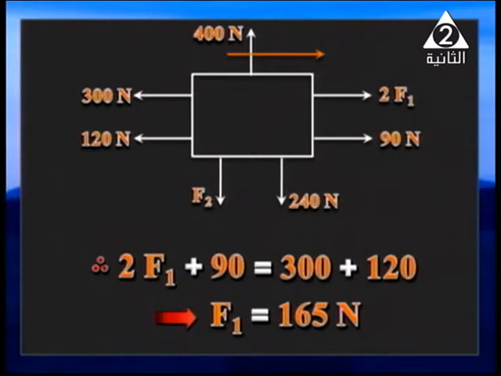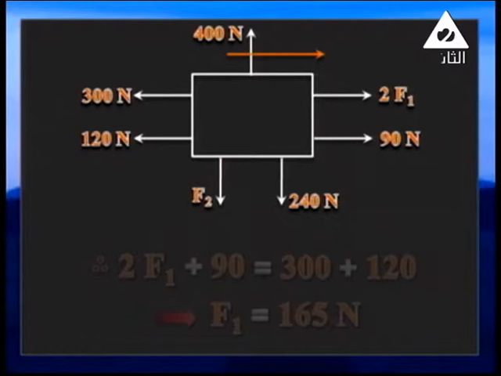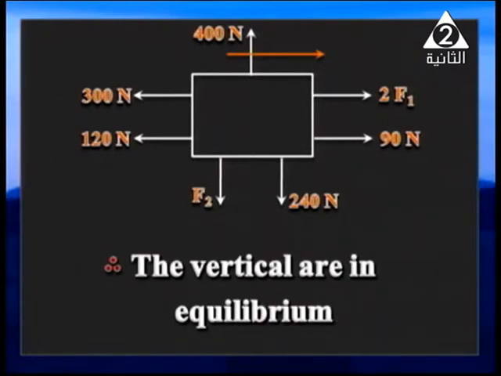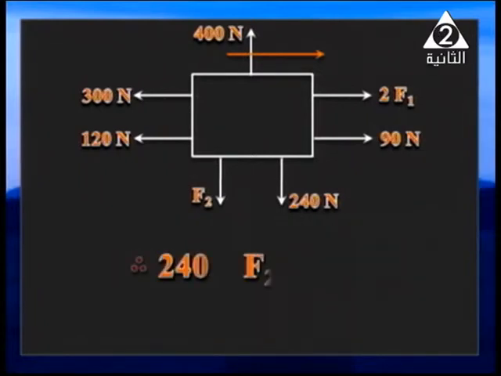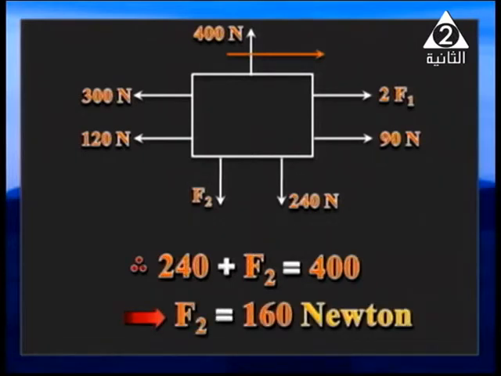The vertical forces are also in equilibrium. Therefore, to find the value of F2, write the equation 240 plus F2 equals 400. Therefore, F2 equals 160 Newton. My dear student, look at another example.